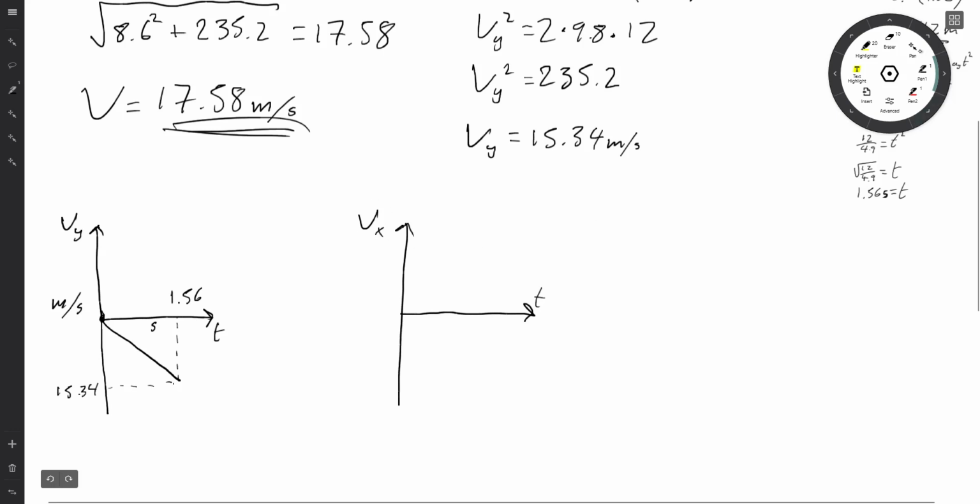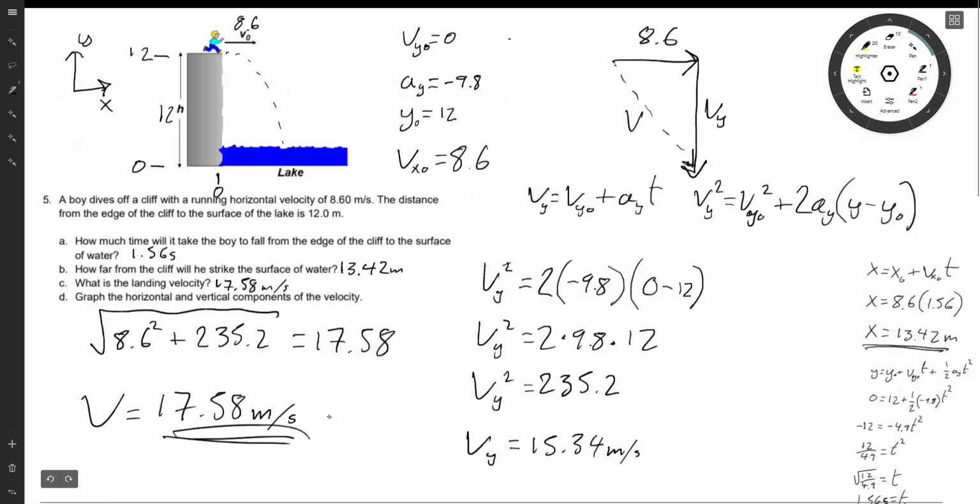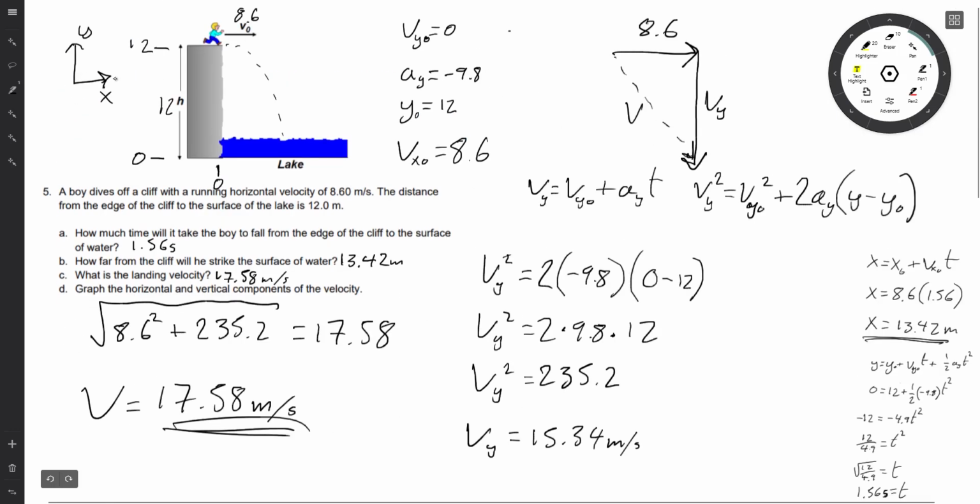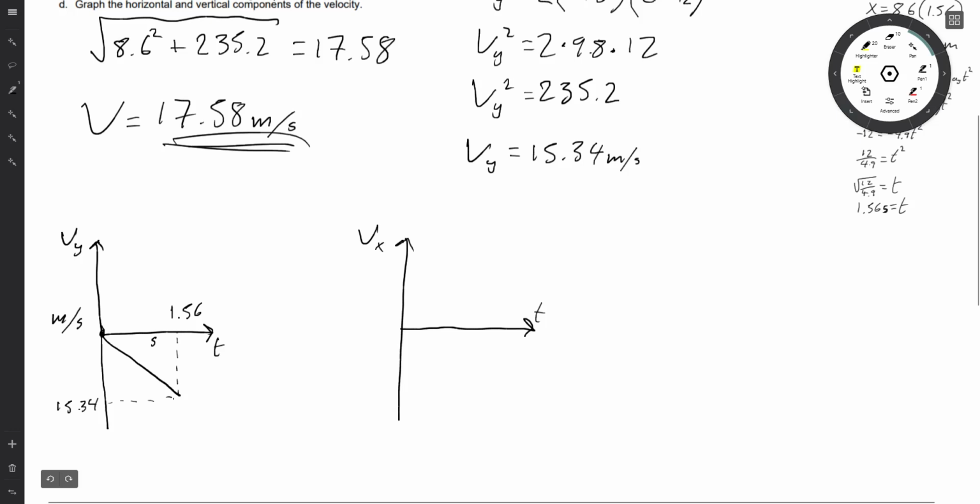Our velocity in the x direction is going in the positive direction, because that's what we decided positive was. And that's going to stay at a consistent 8.6. So our velocity in the x direction is just going to be here, described with the value there of 8.6. And at this time here, we've got 1.56.